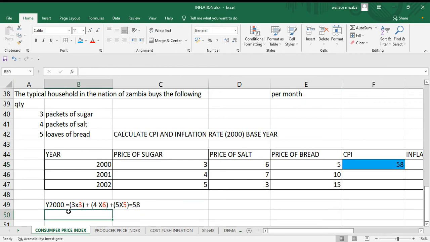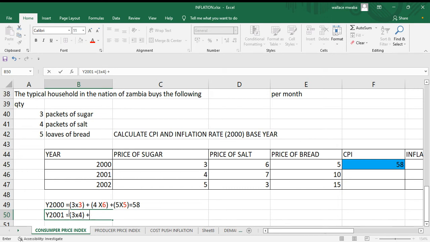Go to the year 2001. We're going to start with quantity. They still get 3 packets of sugar, but the price now is 4 kwacha, plus salt.